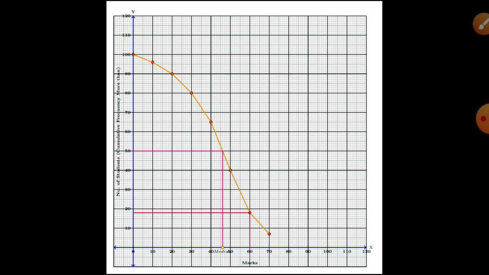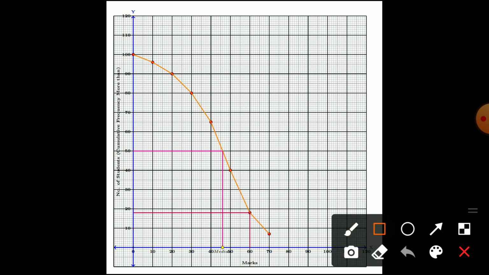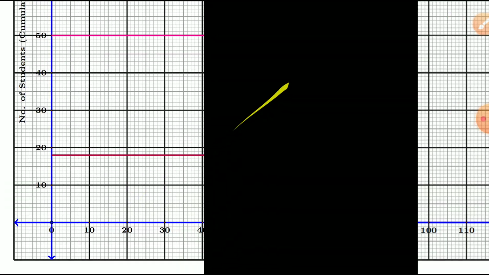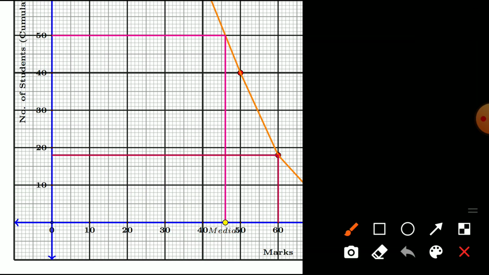It crosses the y-axis at this point, and you can observe that this point is 18.